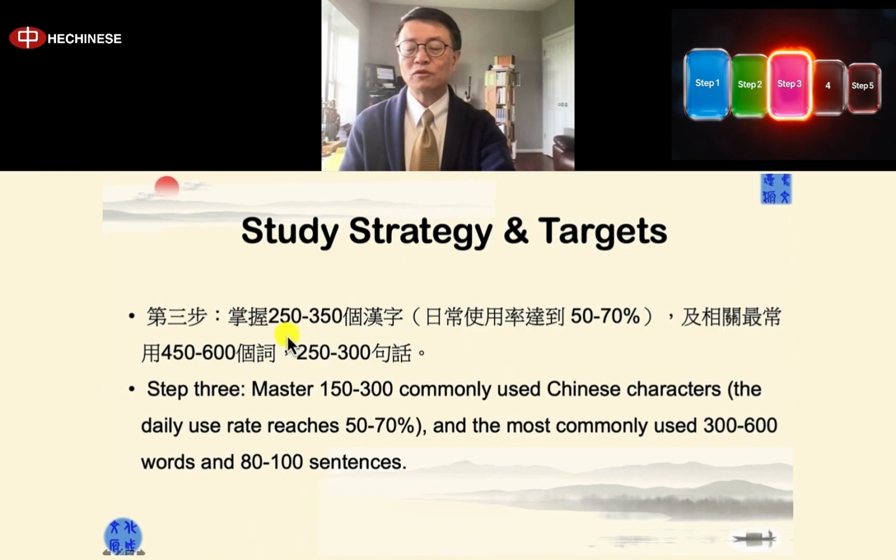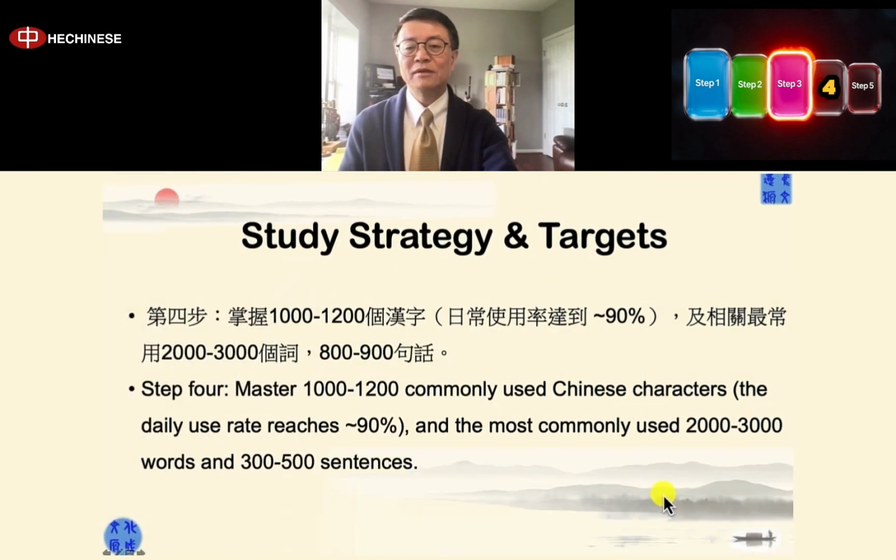Step 3, to master the commonly used 250 to 350 characters. This use frequency is around 50 to 70% of daily use. And also the related most commonly used 450 to 600 words, 250 to 300 sentences. That's the third step. Fourth step, to master 1000 to 1200 most commonly used Chinese characters.